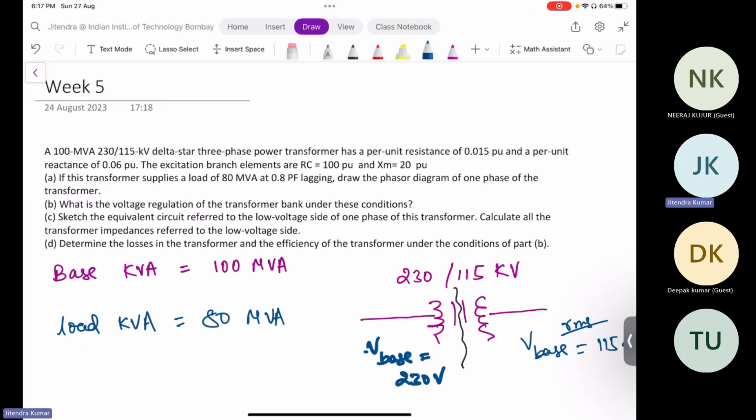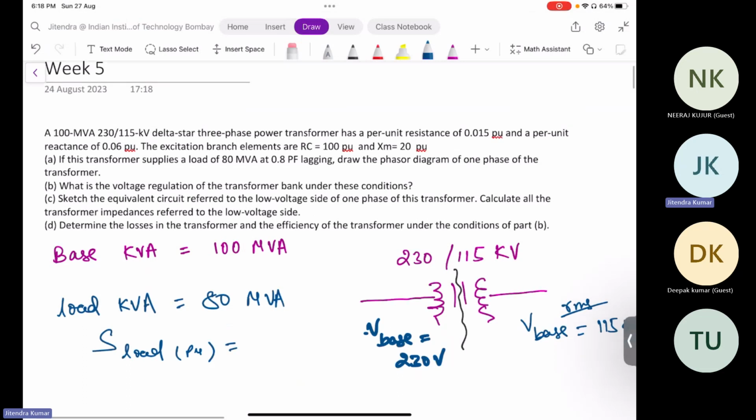We can say that the load kVA in per unit, or S load in per unit, will be 80 by 100, which is 0.8 per unit.